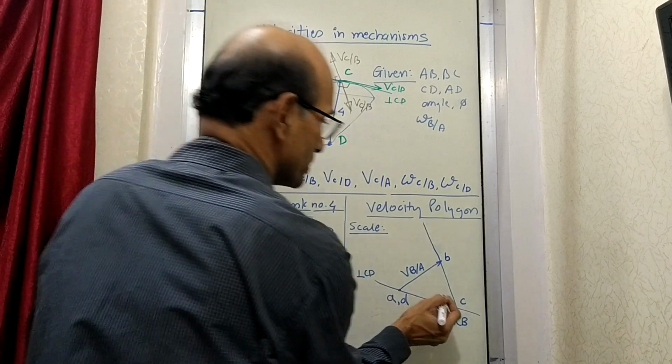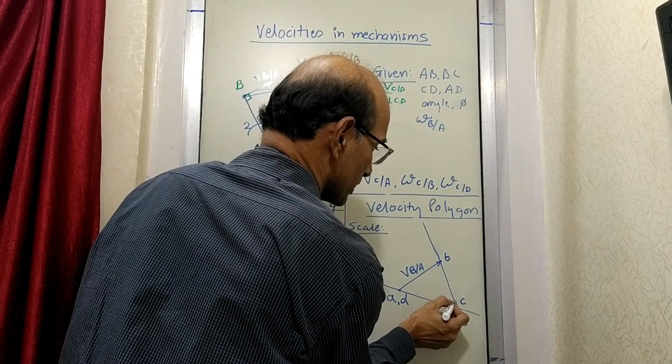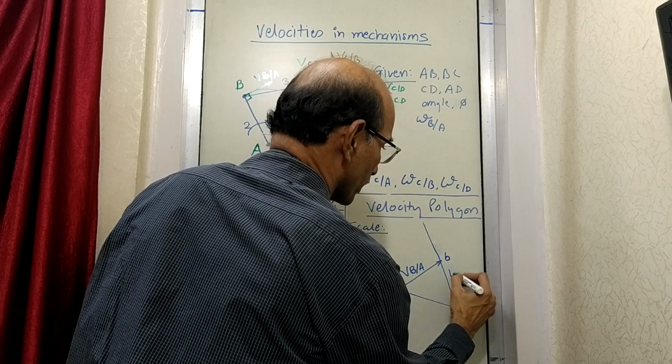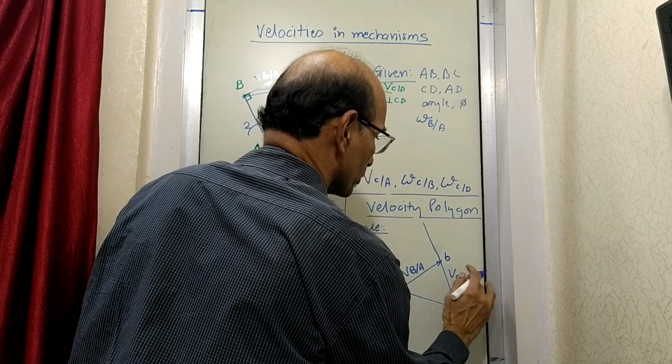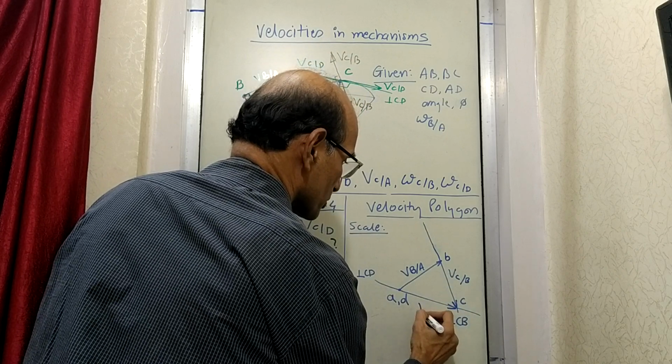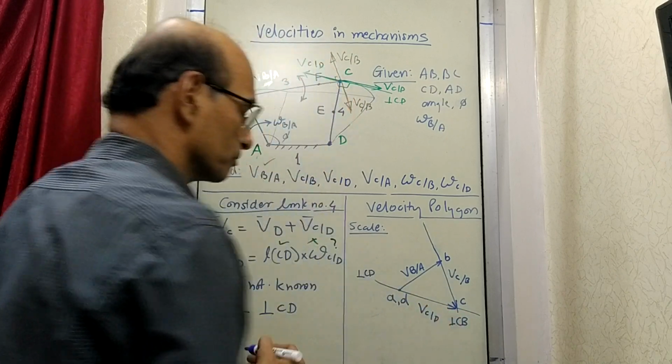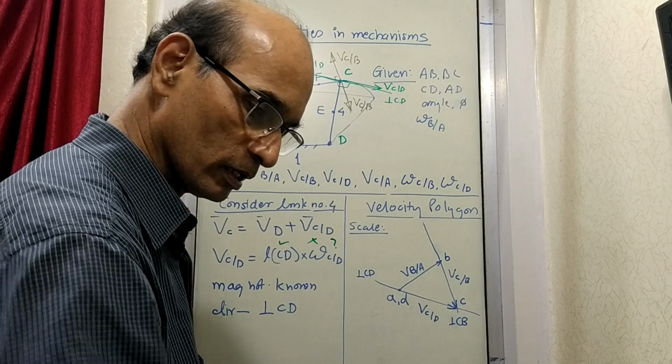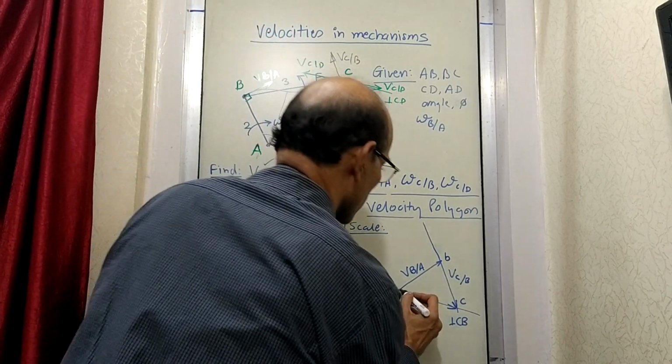And once you know point C, now we will draw an arrow like this, so that this becomes our velocity of C with respect to B, and this becomes velocity of C with respect to D. So we got all the required vectors. I'll show like this.